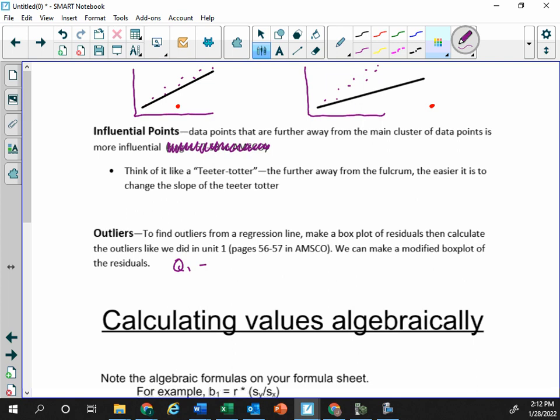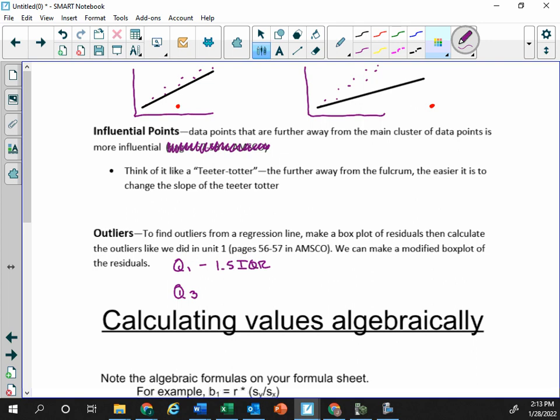All right, so back to our outliers, guys. For the low end, you start at Q1 and then you go 1.5 IQR below that. So Q1 minus 1.5 IQR gives the low outlier endpoint.